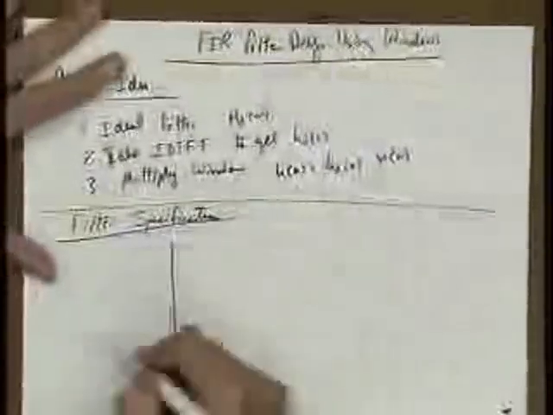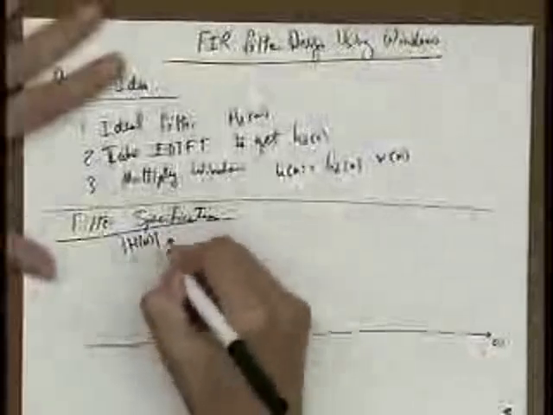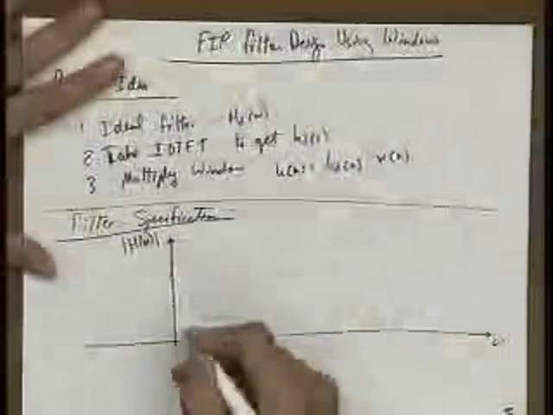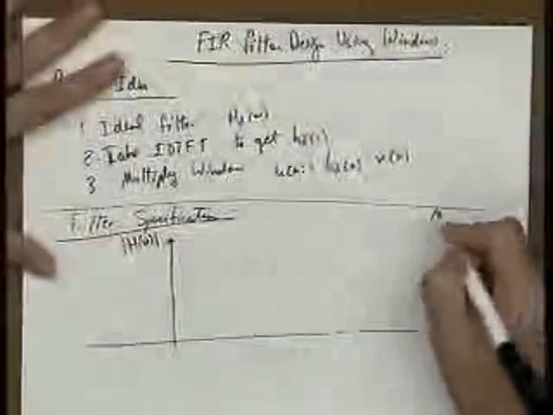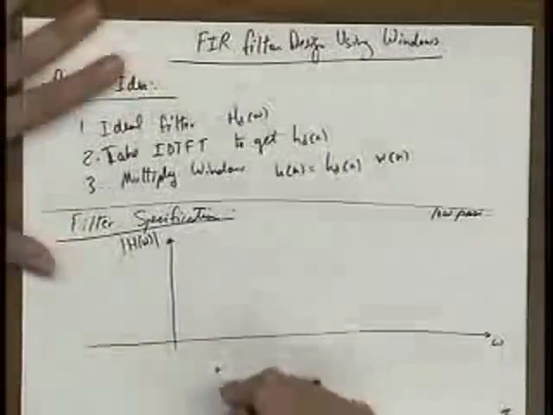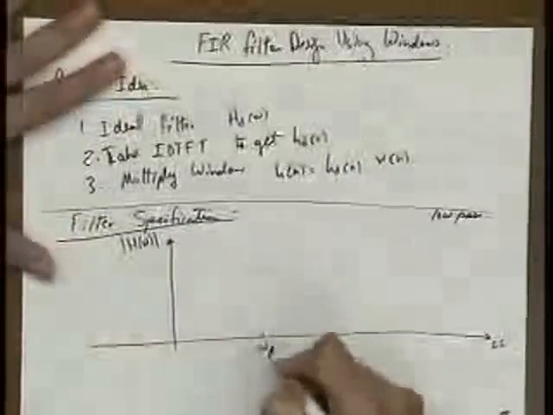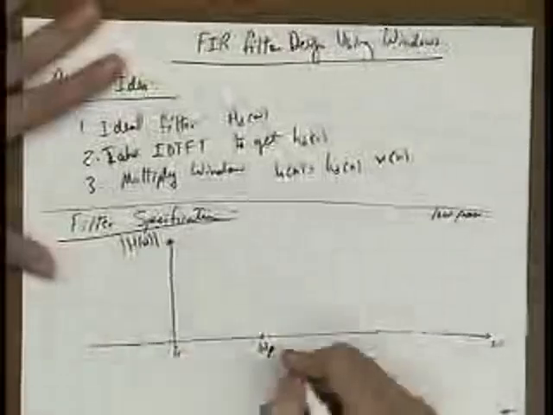And so typically when people come up with a specification, we have already done a little example in the last lecture, you look at H of omega and somebody tells you, first you specify what kind of filter it is. In this case, we're saying it's low pass, for example. Then you have to specify what the passband frequency is. So we're going to pass the frequencies between 0 and omega p.